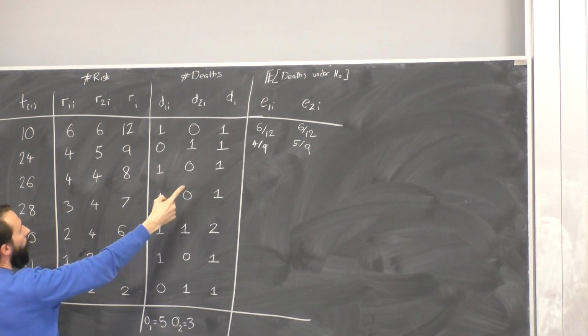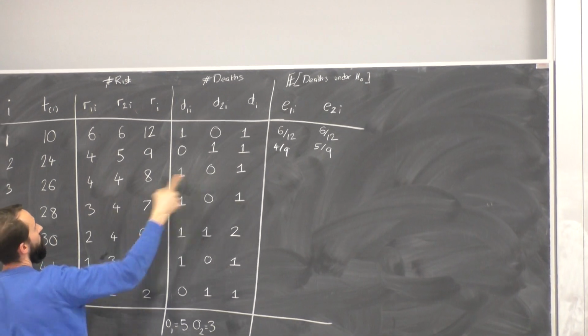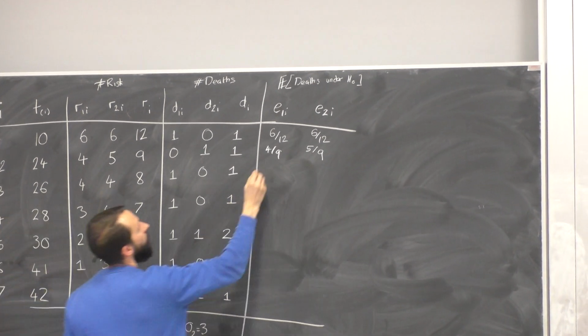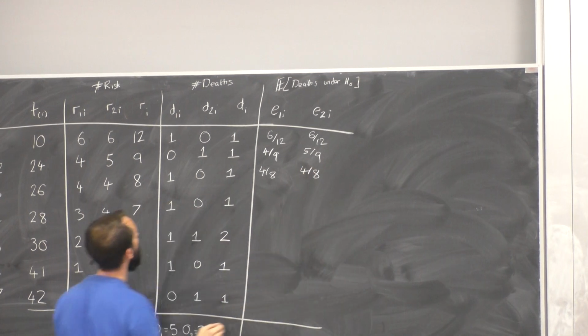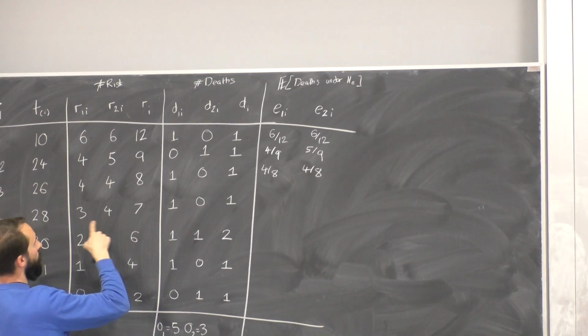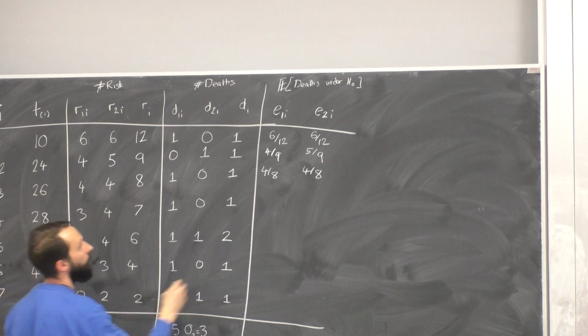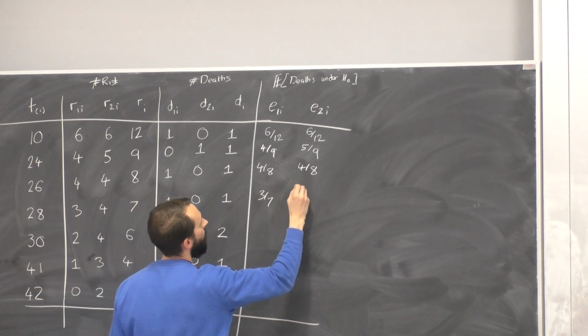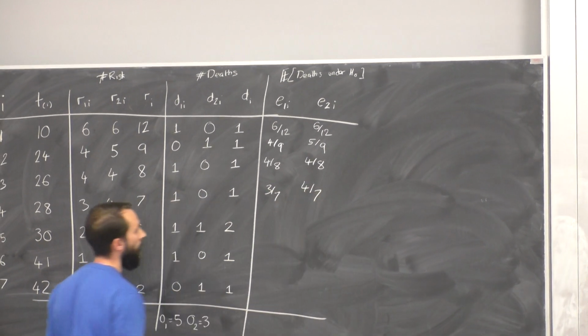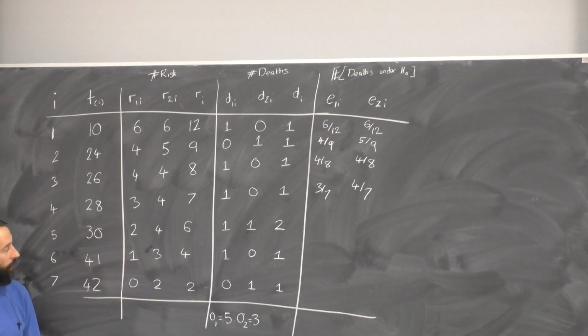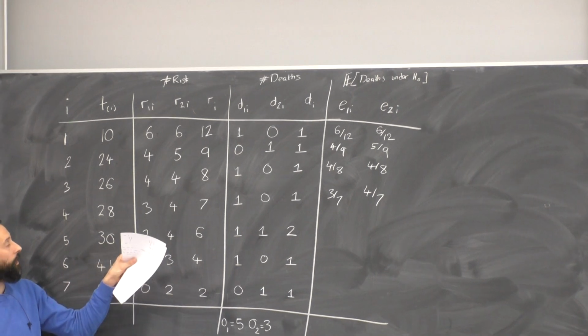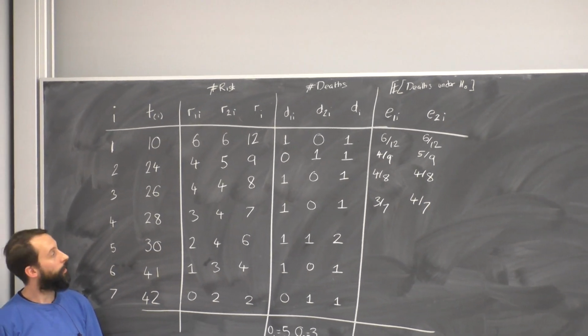Okay, then I've got 1 to split up between 8. And then I've got 1 to split up between 7, according to that. Okay, and then this one here, I've got 2 deaths that I need to split up between 6. So how many do I think are going to be in group 1?